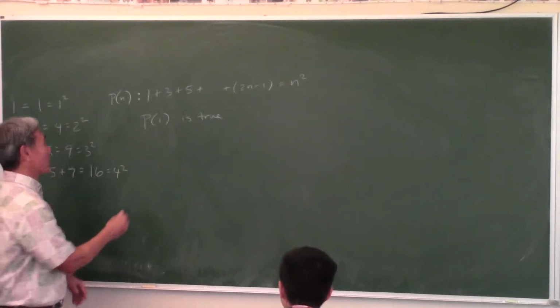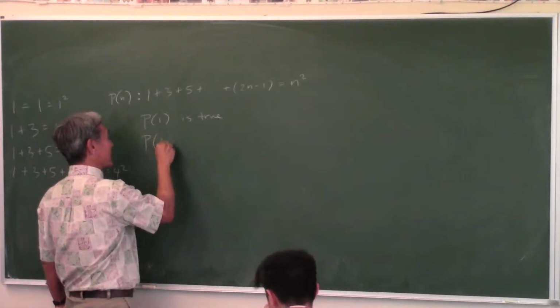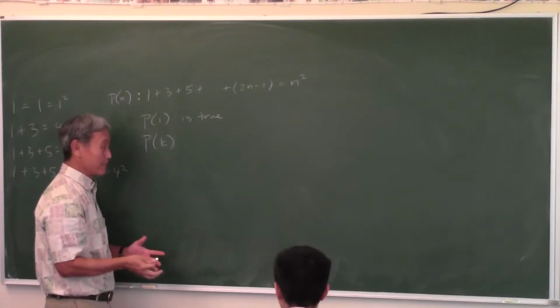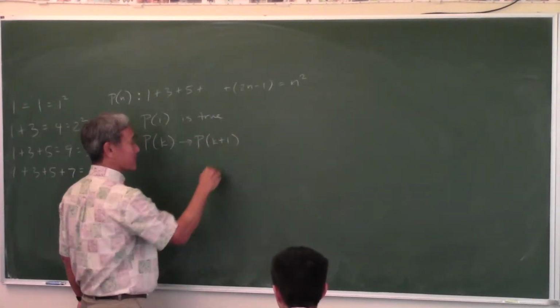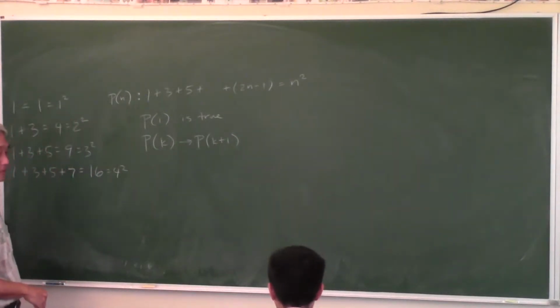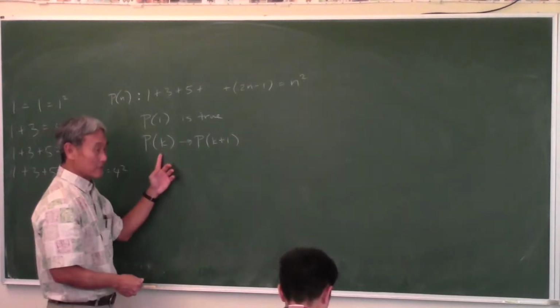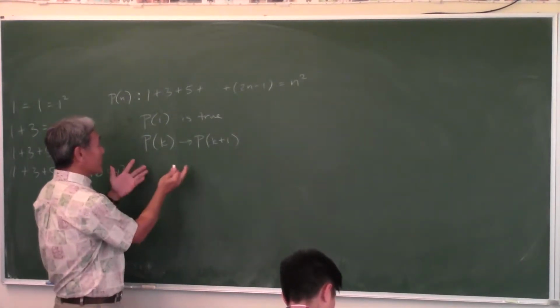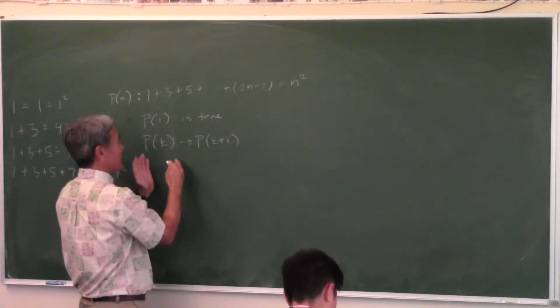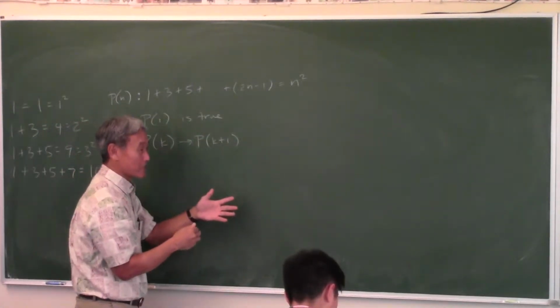Then you have to show that if the statement is true for any positive integer k, then it will be true for the next positive integer. You have to have both of them.